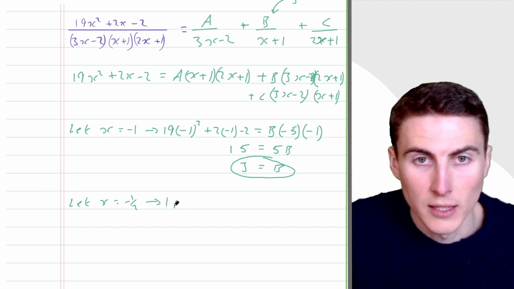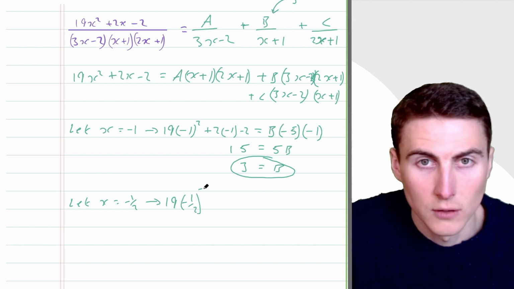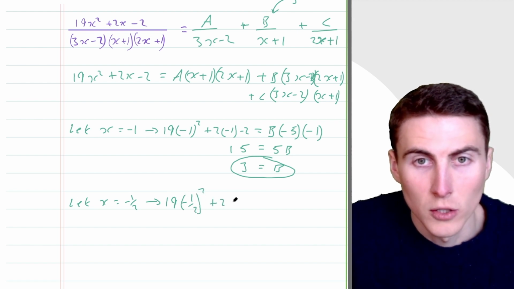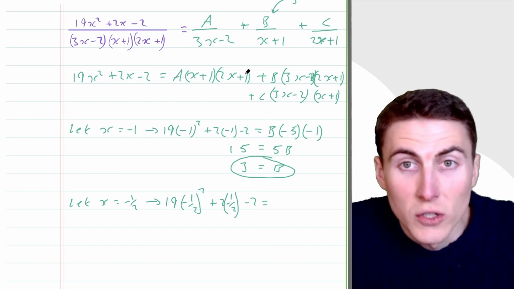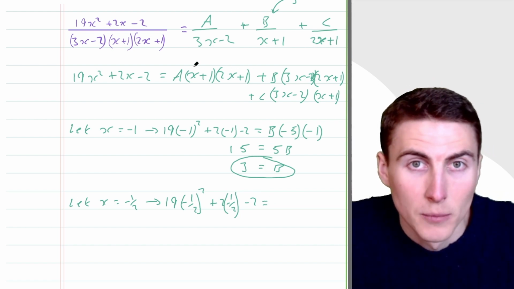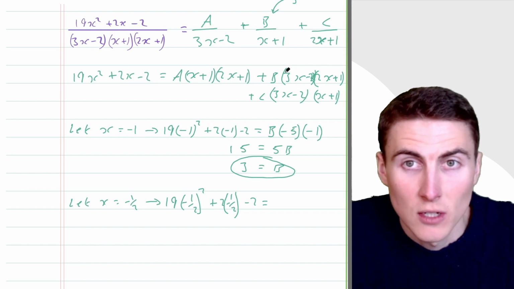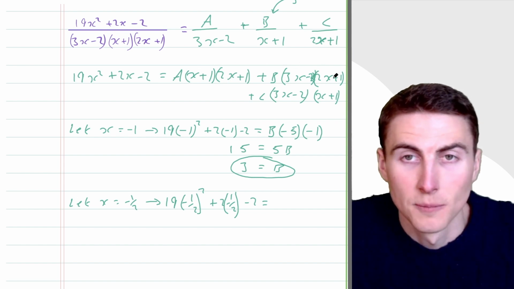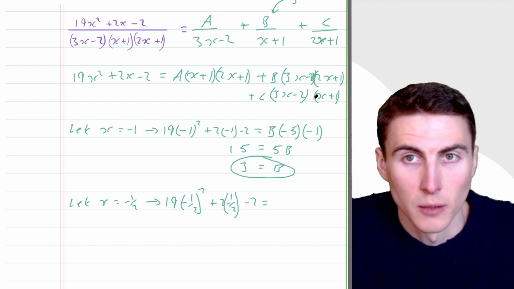And so this time we'd get 19 times minus a half squared plus 2 times minus a half minus 2, which will cancel out this term, and will cancel out this term, because it also has a 2x plus 1 bracket, and will leave us only with this term.